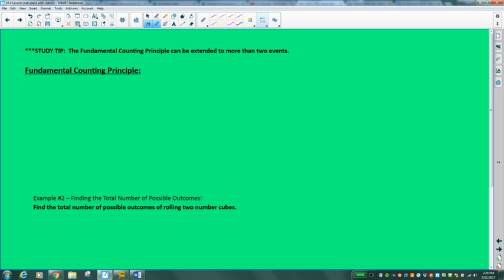Okay? So the fundamental counting principle simply states that an event M, like rolling the dice, has m possibilities. Notice I have the capital M for the event, lowercase m for the number of possible outcomes.